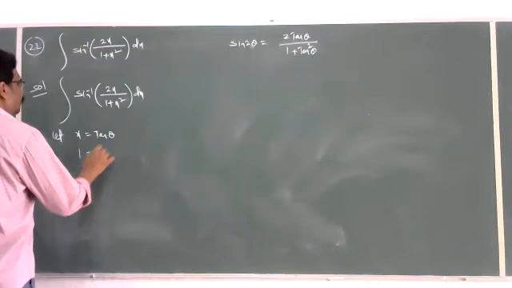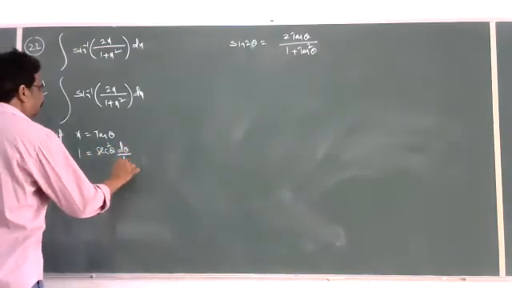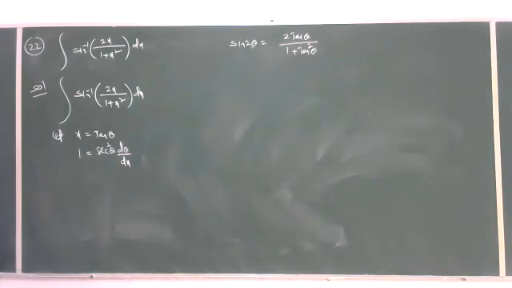Differentiating both sides with respect to x: the derivative of x is 1, which is equal to the derivative of tan theta, secant square theta, into d theta by dx.